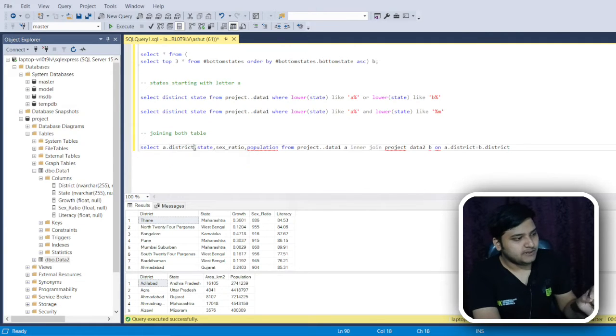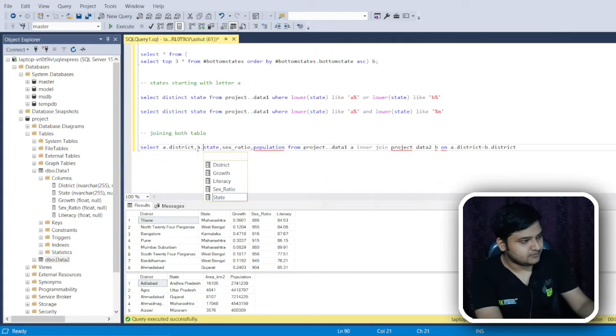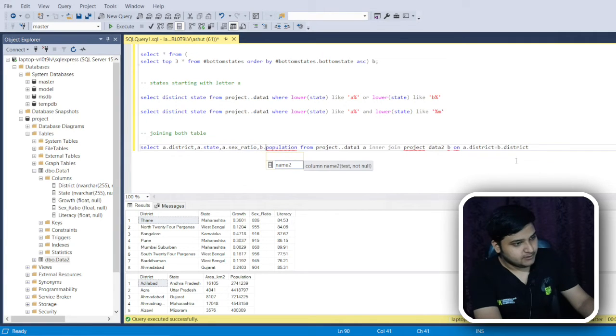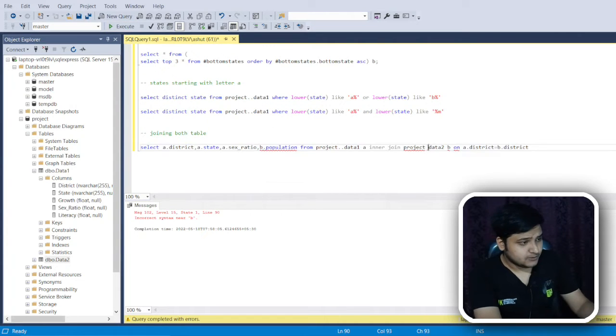District will be coming from table A. Similarly, I'll do the same for the others, but the population will be coming from table B. I'll run this code and let's see what output we get. Okay, we need to provide two dots here. Run the code again and let's see the output.